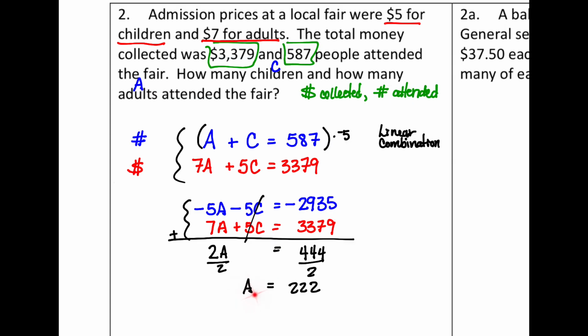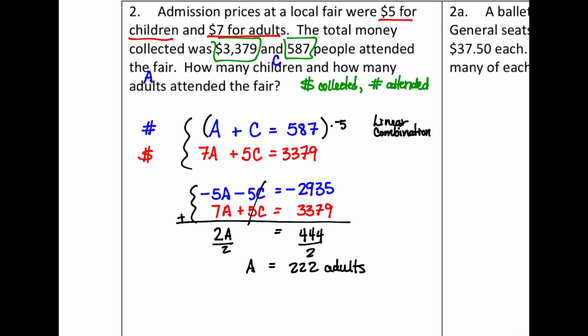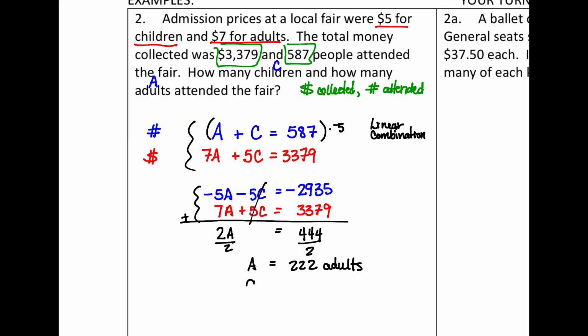Okay, what did I find? A. What did A represent? Adults. How many adults attended? Okay, so I'm going to put adults down here just because it's part of my answer. And let's find the number of children now. Okay, you can put 222 into any equation with both variables.